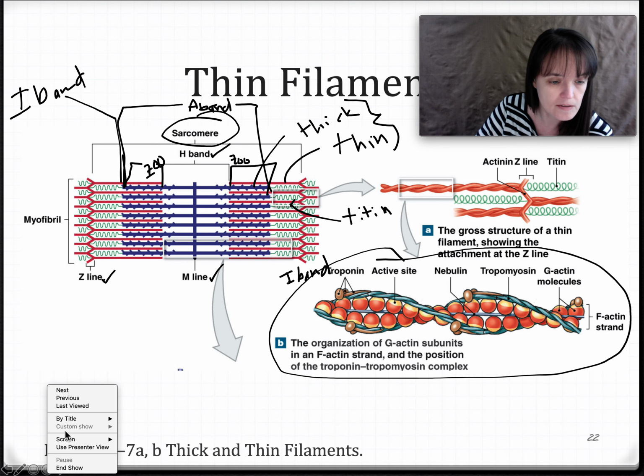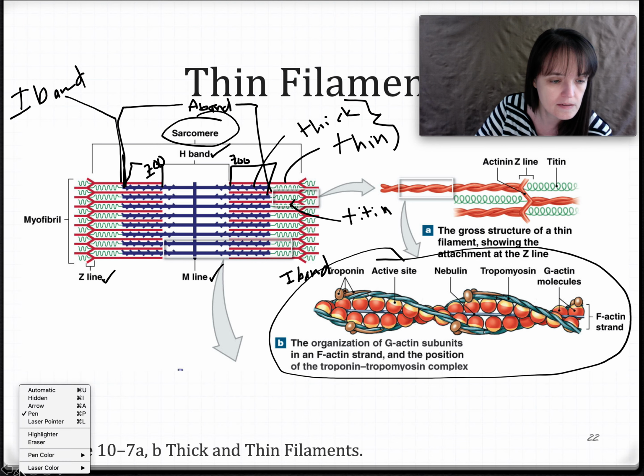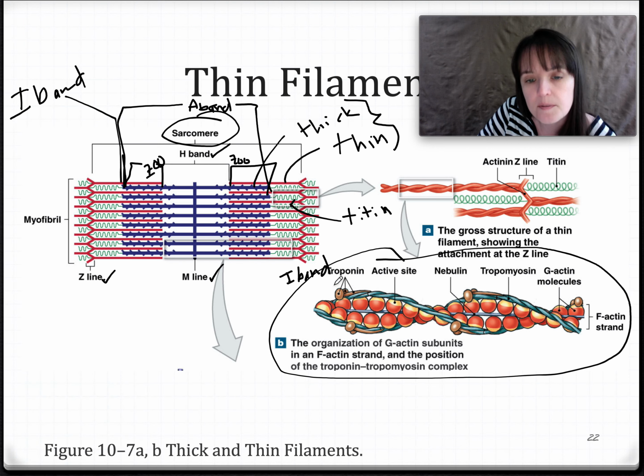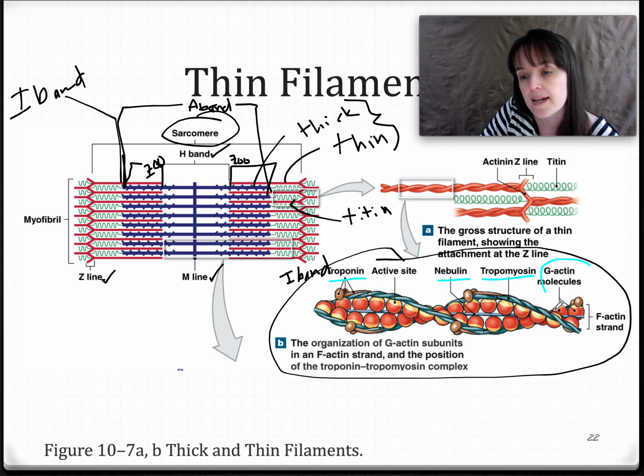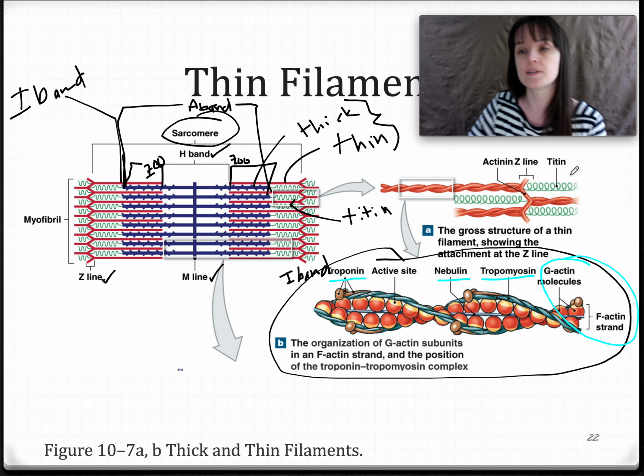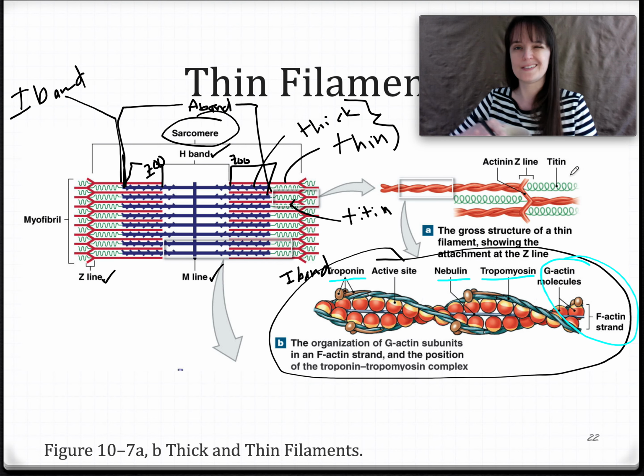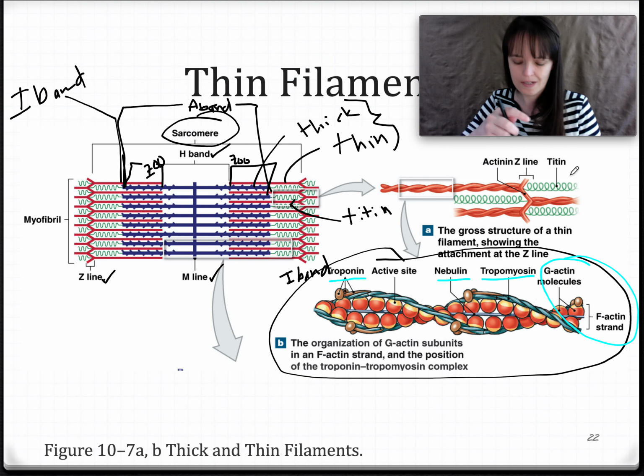Troponin, nebulin, tropomyosin, and actin. We've got 2 different types of actin, but they're sort of the same thing.